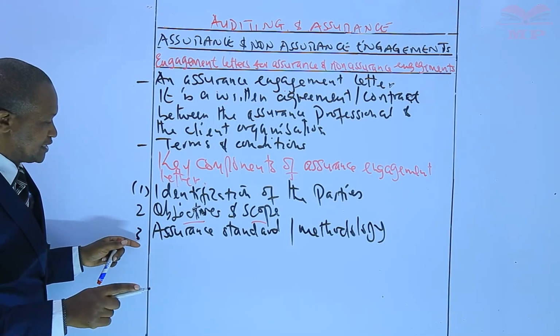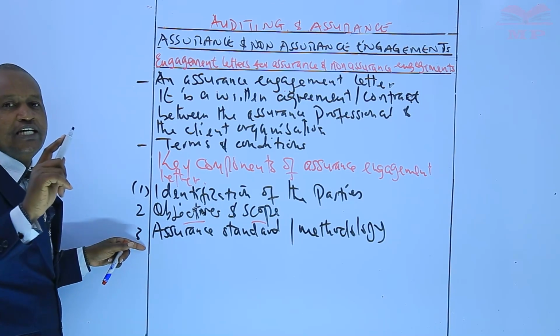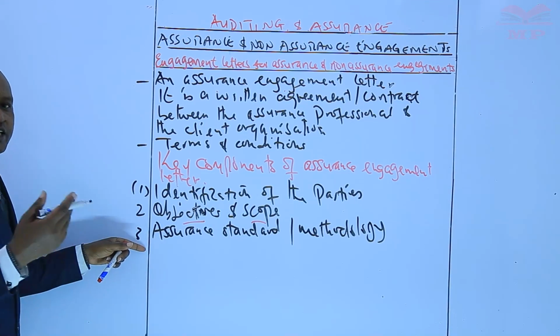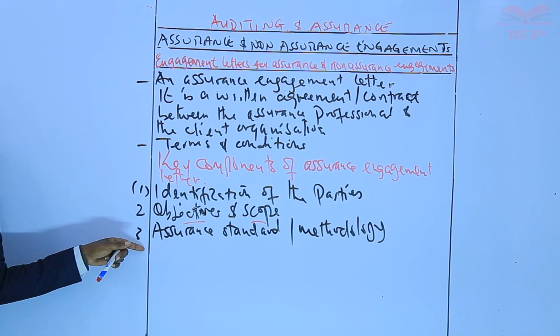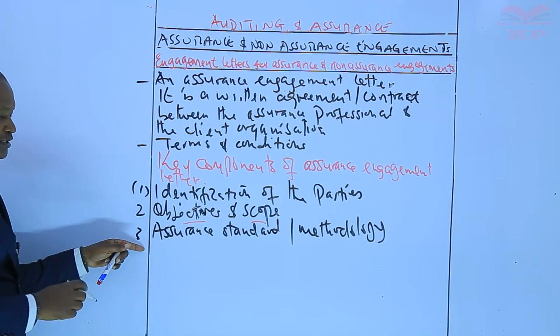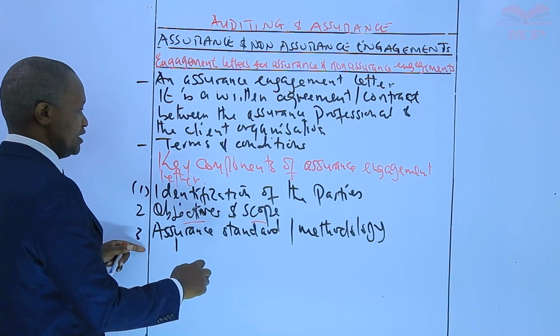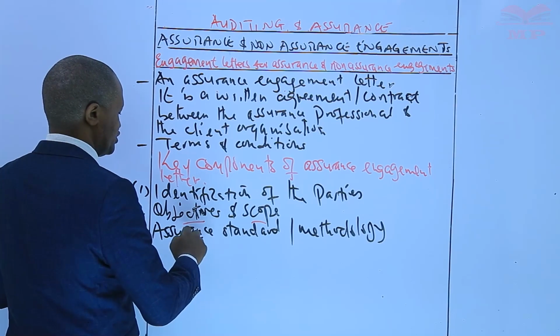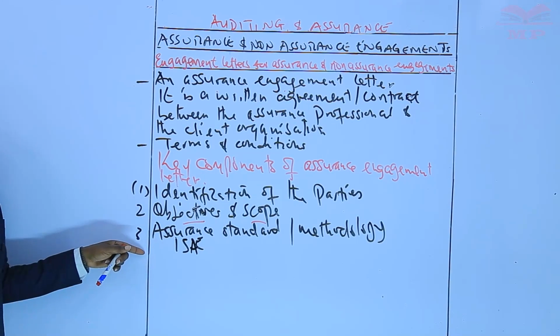Now, the engagement letter has to state the assurance standards that will be followed during the engagement, such as the international standards on assurance engagement, ISAE.